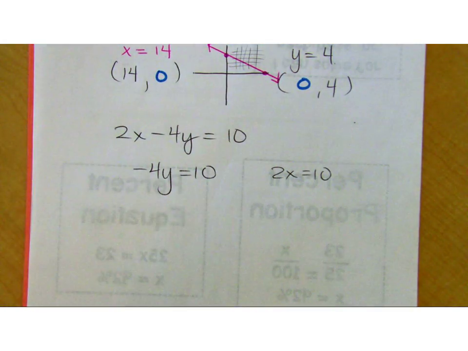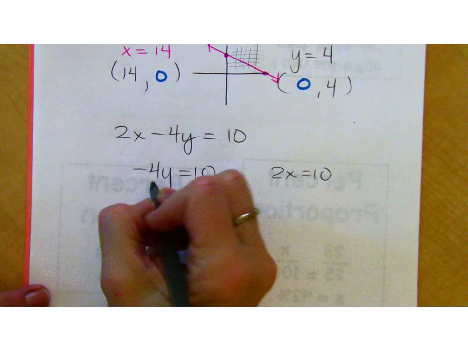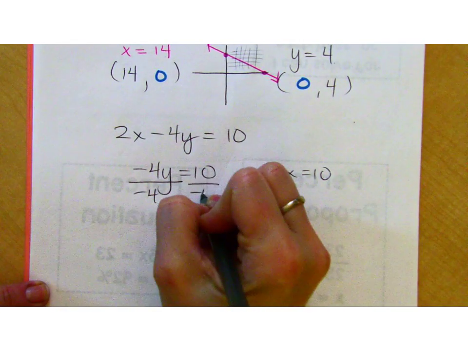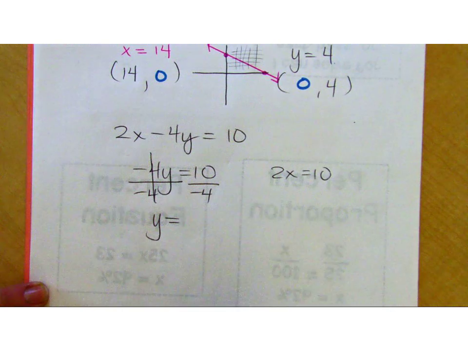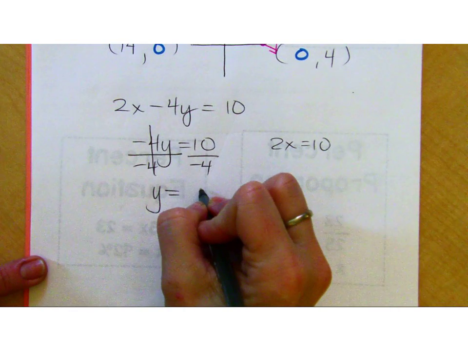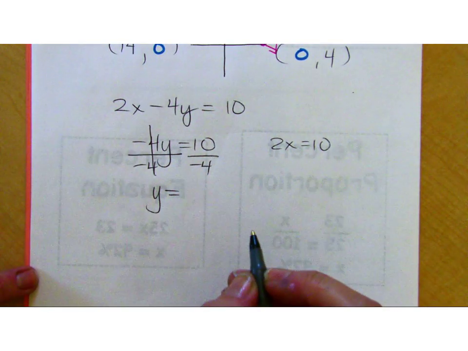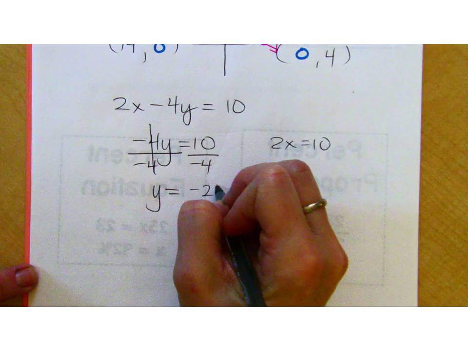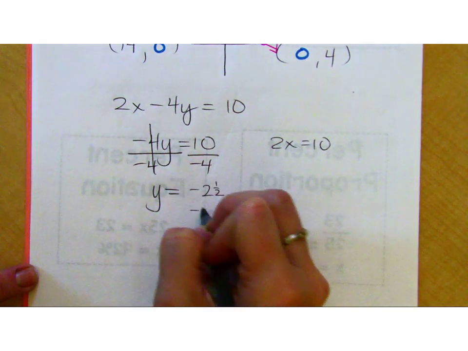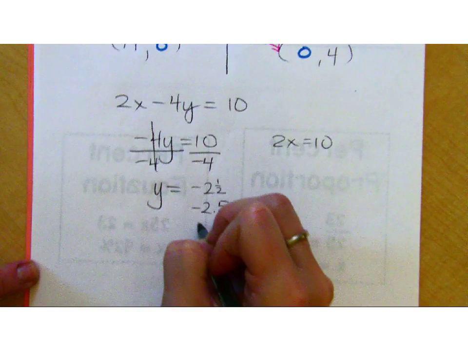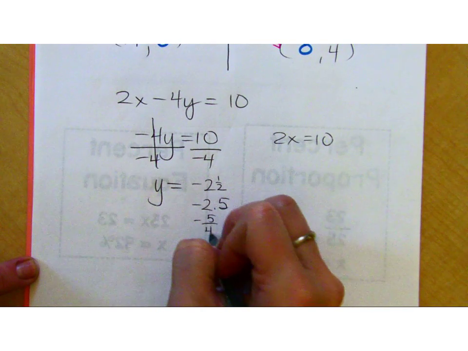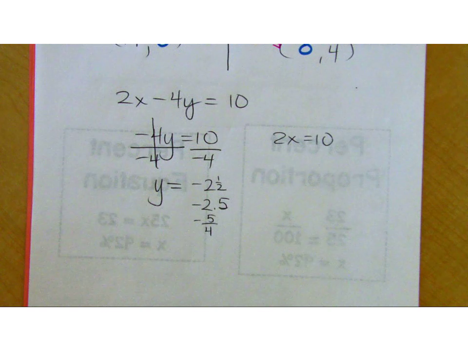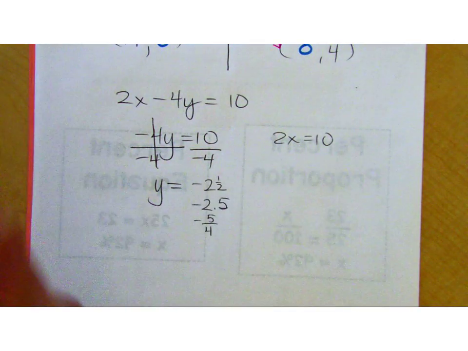Divide by -4. Y could equal -2.5. You could even keep it as -5/2 if that's how you feel like graphing it. 5/2's probably not the best way to graph it.